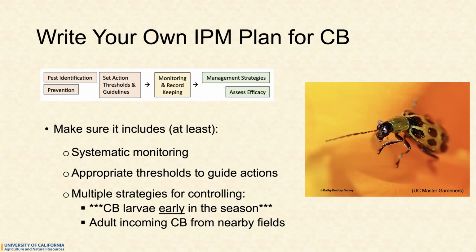But at the very least, you want to make sure that your IPM plan includes systematic monitoring, whatever works best for you, but at least twice a week monitoring for this pest if you know it's a problem at your site. Appropriate thresholds to guide actions. So whatever makes sense for you, however much you can tolerate, combining multiple strategies for controlling cucumber beetle larvae early in the season.